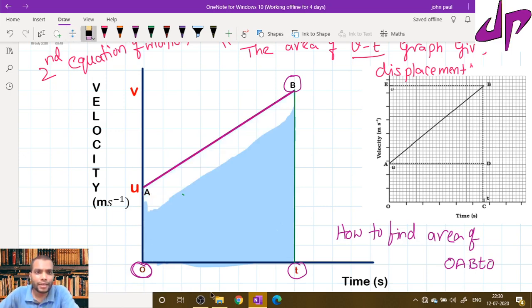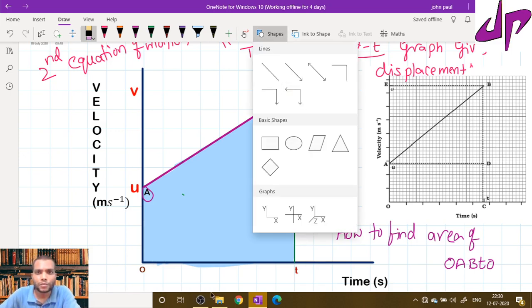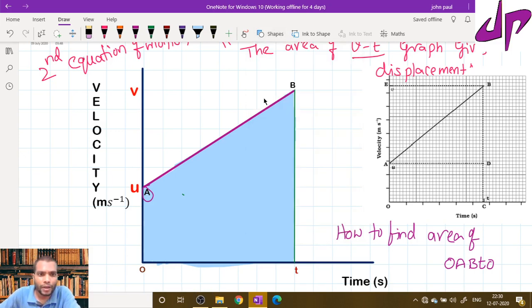To find that area, first I would like to divide this shape into known shapes. Suppose I draw a straight line exactly here, and call this point E. Now in this shaded region we get two shapes.